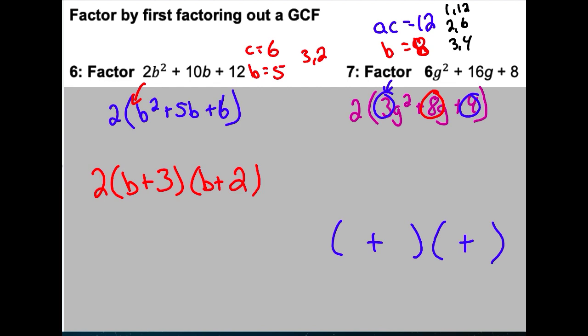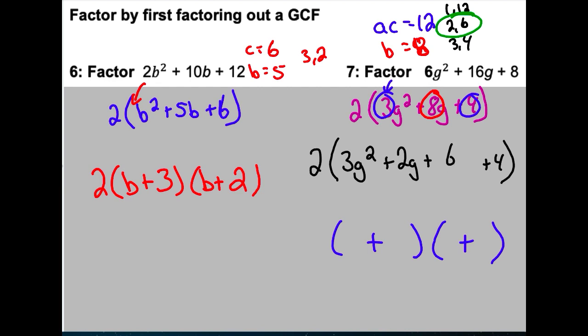The only way to get 8 is to use a 2 and a 6. So my 2's still out front. My first term is still going to be 3g squared. My last term is still going to be 4. But now I'm going to have a 2g and a 6g in the middle, because they combine to give me 8g. Well, now I'm going to go ahead and factor each one of those.